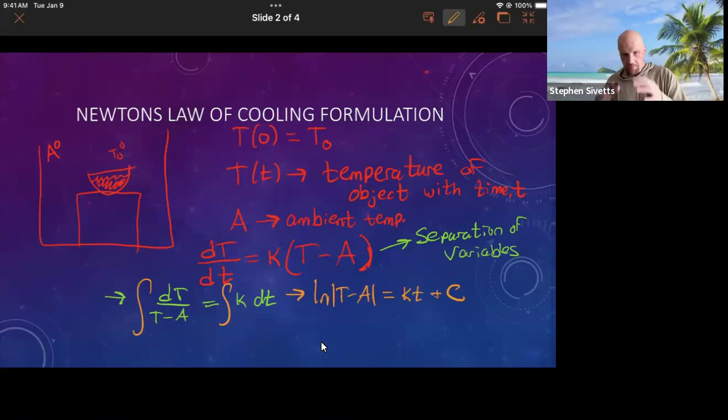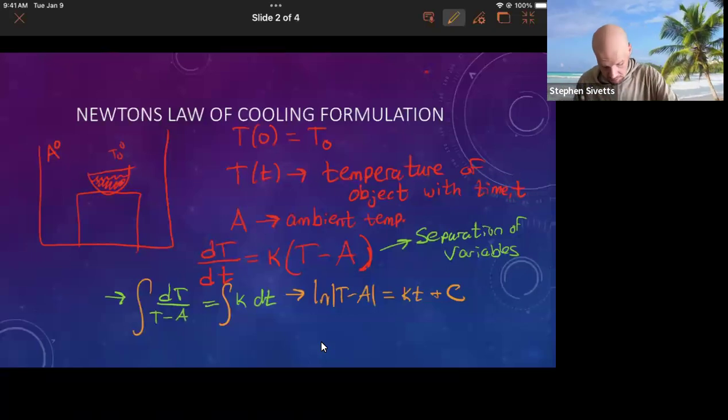Normally, as the bowl of soup is decreasing in temperature, it will even out, so the temperature of the bowl equates to the ambient temperature.